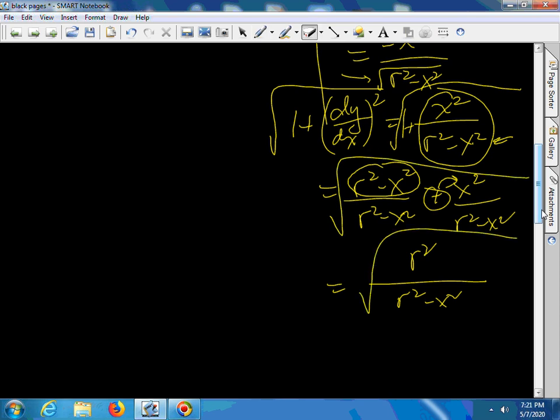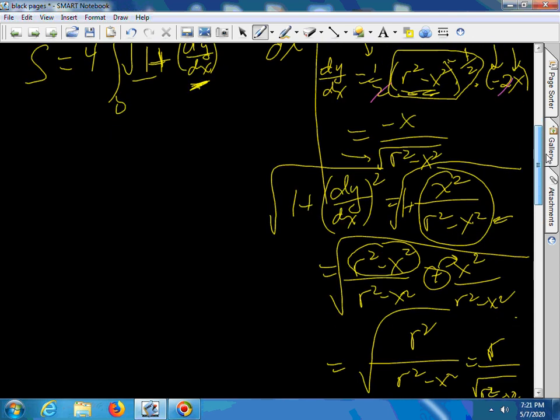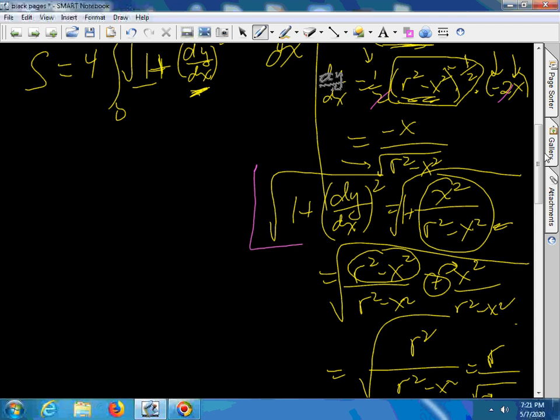And I guess I can say one last thing. The square root of r squared, since r is positive, the radius can't be negative, is r, all over r squared minus x squared. So I found out exactly what the square root of 1 plus the derivative squared is.